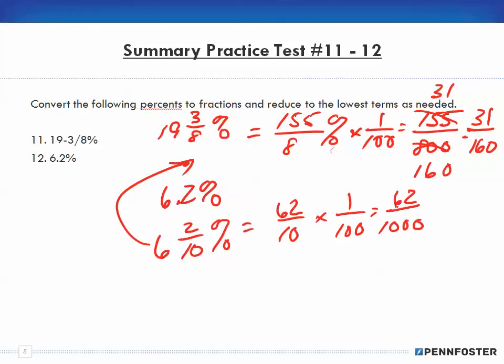And then we can reduce to the lowest terms. Well, I know that 2 can go into 62 31 times, and 2 can go into 1,000 500 times, and I can't reduce any further, so my answer is 31 over 500.